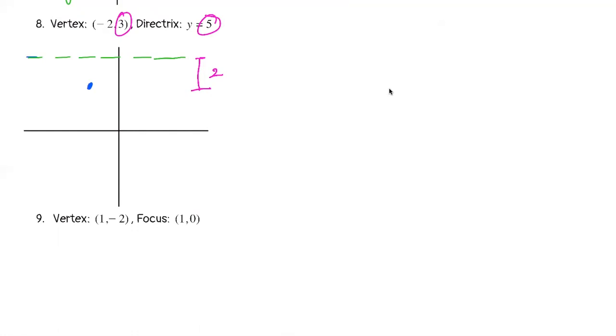So if the directrix is above, well, where is the focus? It better be below. So how far do we go down to find the focus? Well, we go down the same amount. And so if we move 2 more down, we'll get to our focus.